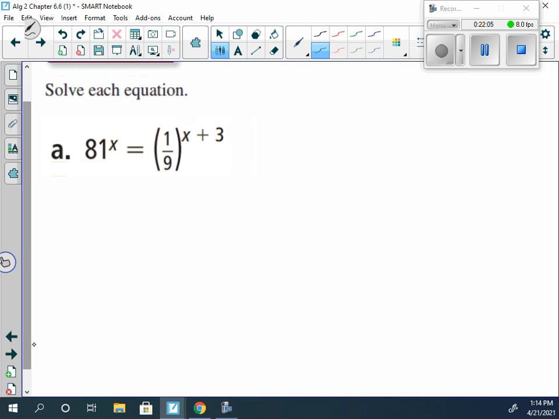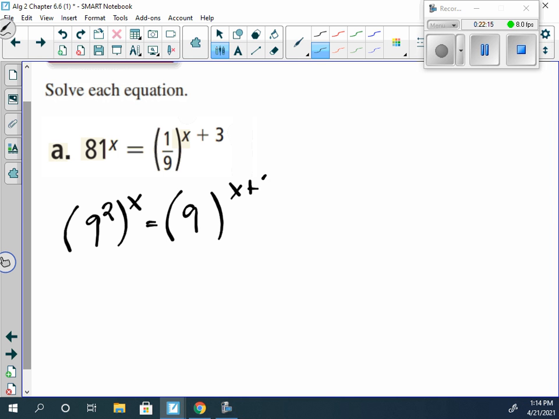So what we can do with this here is we're going to rewrite 81 as 9 squared to the x is equal to, for our 1/9, we would have 9 to the what? -1.